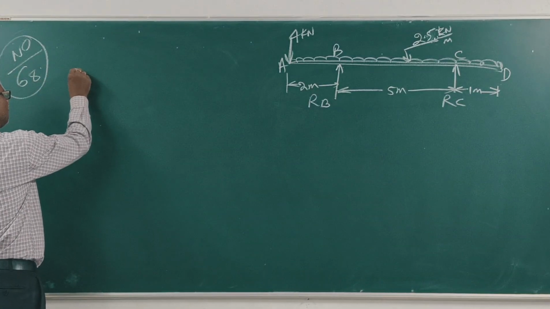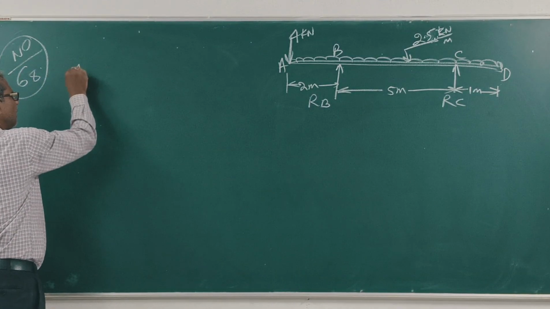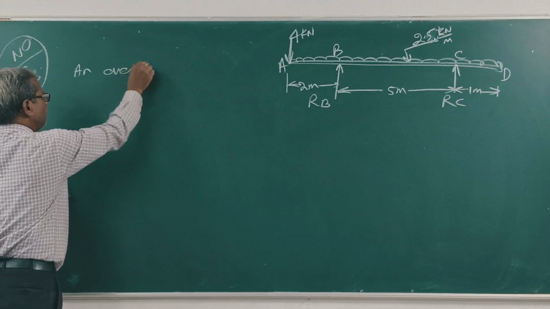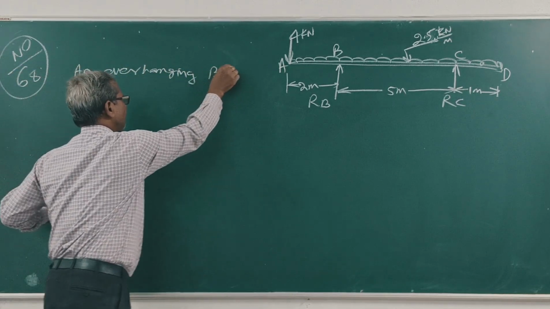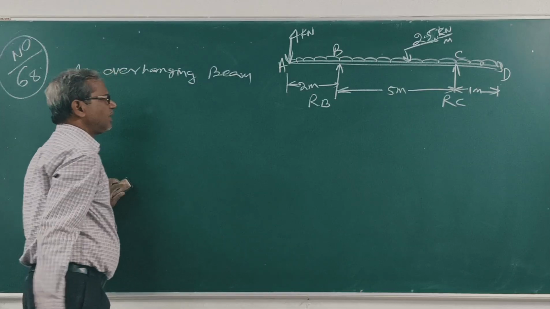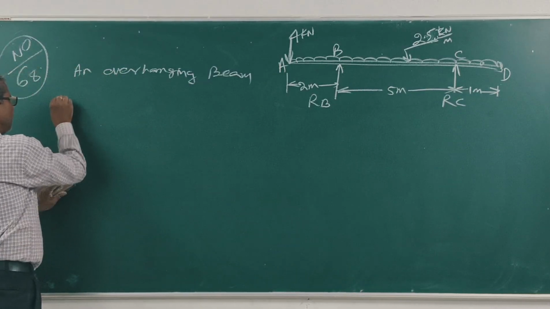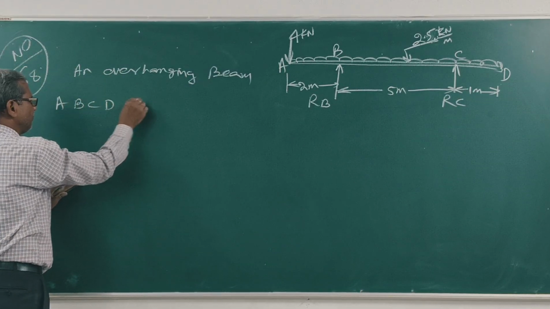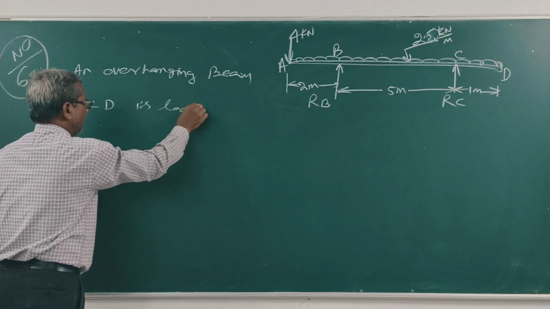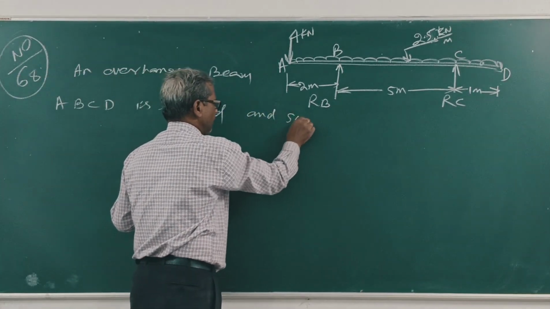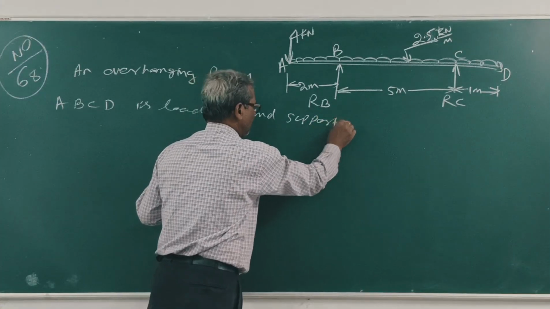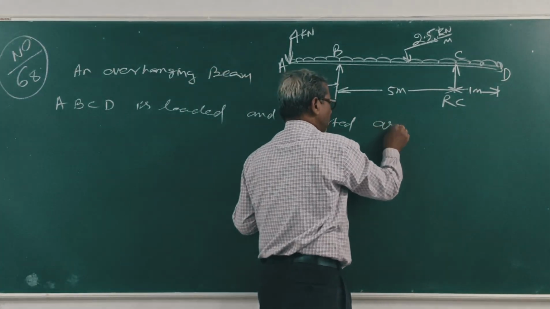Now the question is an overhanging beam ABCD is loaded and supported as on figure.